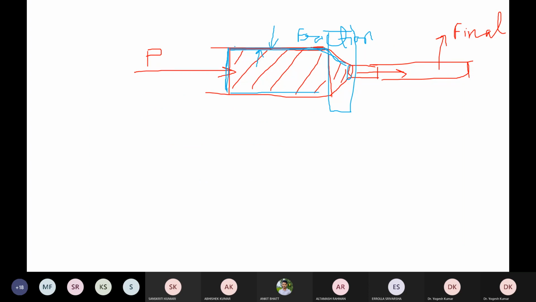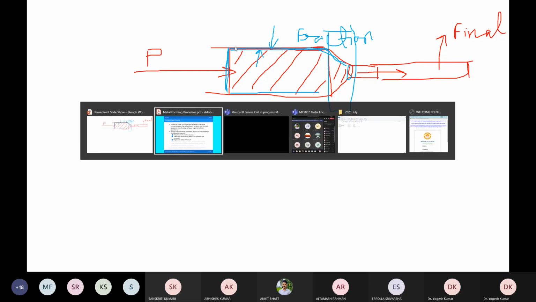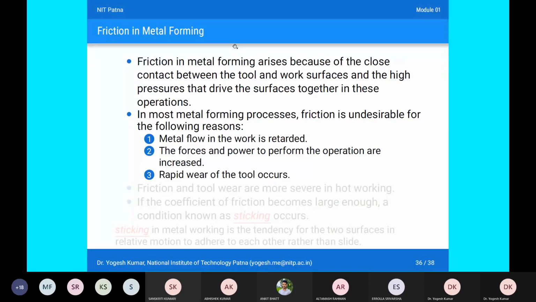Due to heating of the die, the damage in your tool part will also increase. Sometimes it becomes a severe problem, so that you need to frequently check the die and tool surfaces. Friction and tool wear are more severe in the case of hot working.